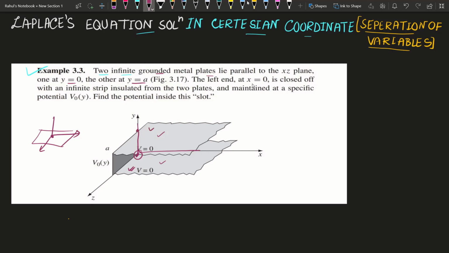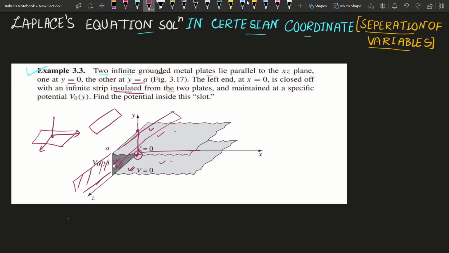Now the left end at x equal to 0 is closed off with an infinite strip insulated from the two plates. This is a rectangular strip, extended to infinity, and it is insulated from this plate and from this plate.